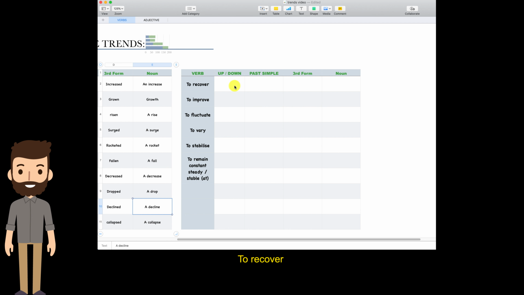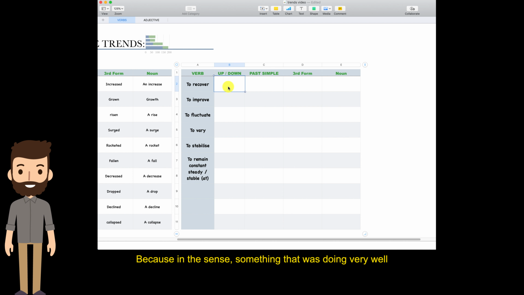To recover. Recover is a bit interesting because in a sense, it's something that was going very down and then going up. For example, house prices collapsed in Toronto and they are now recovering, which means it was down first and then it's going up, or going back to the same state.